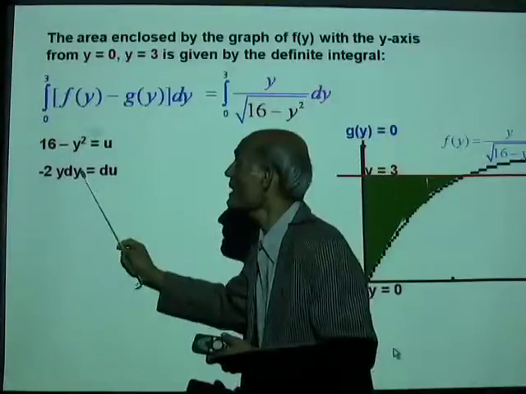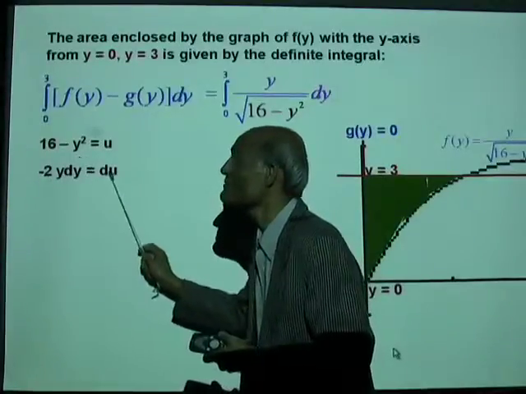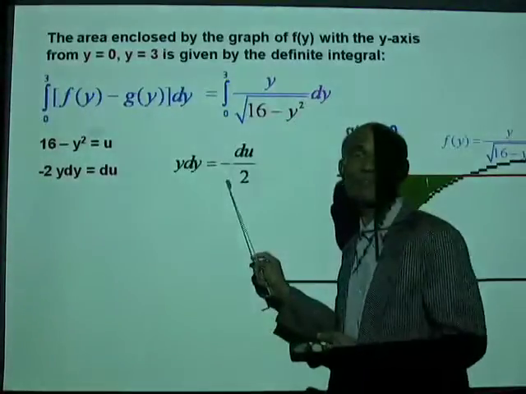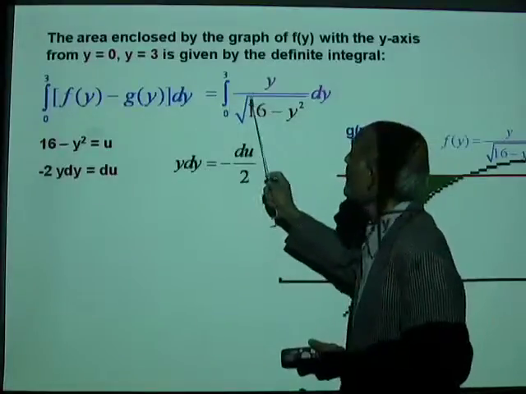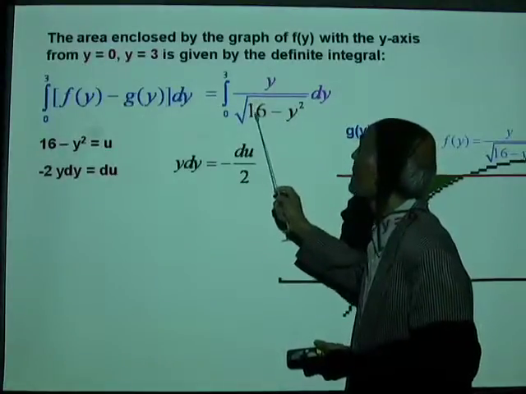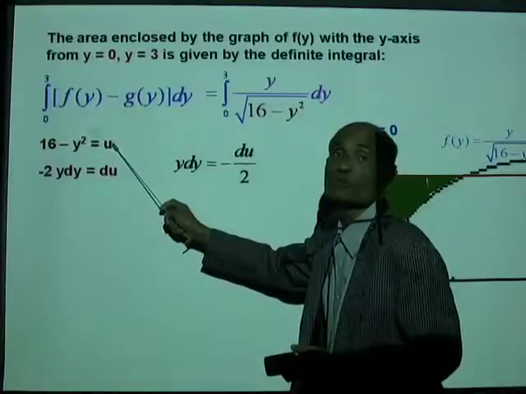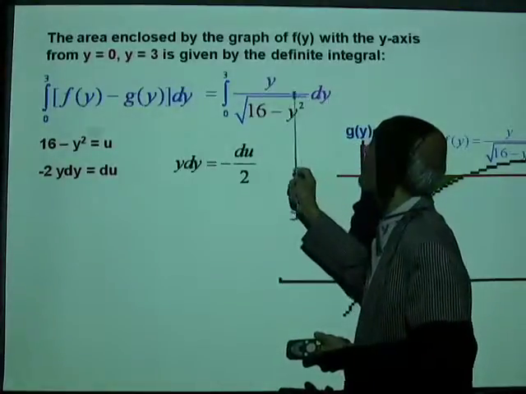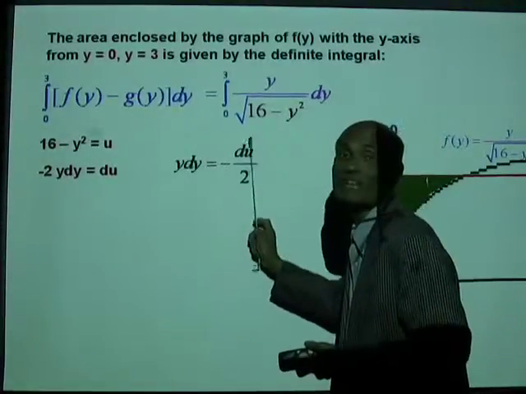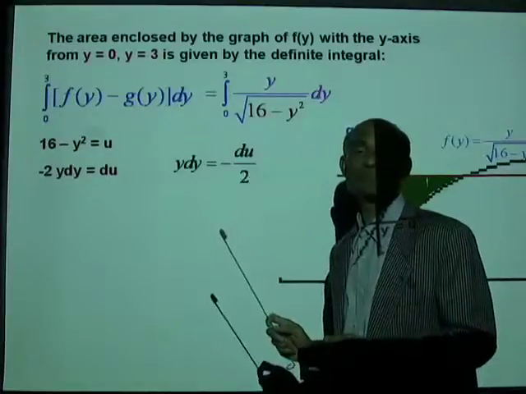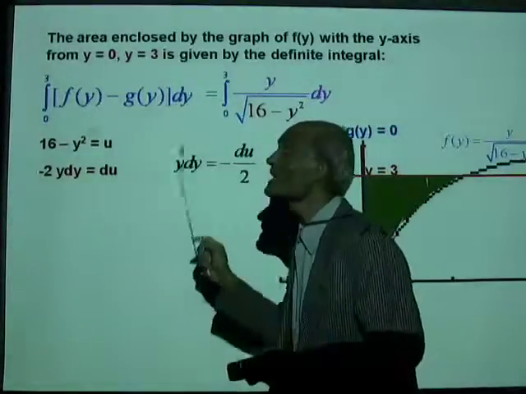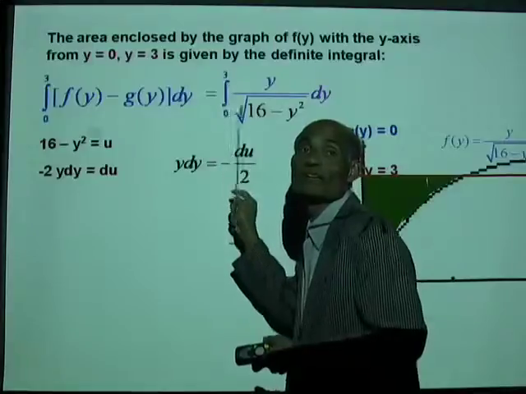So y dy equal to negative du over 2. There you have. So when this quantity 16 minus y squared becomes u, then the quantity y dy becomes negative du over 2. We also need to deal with the limits.